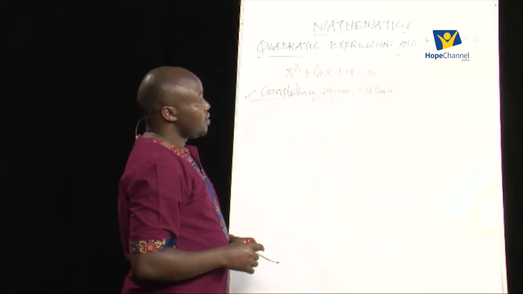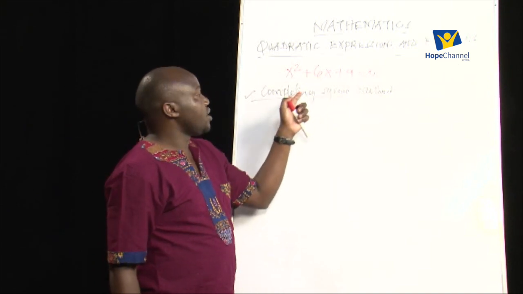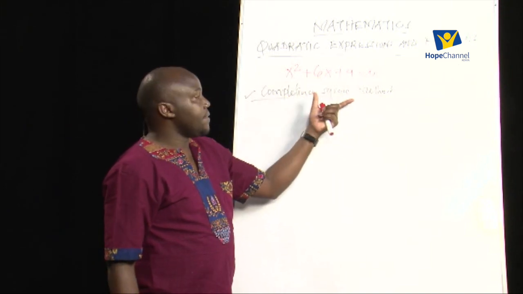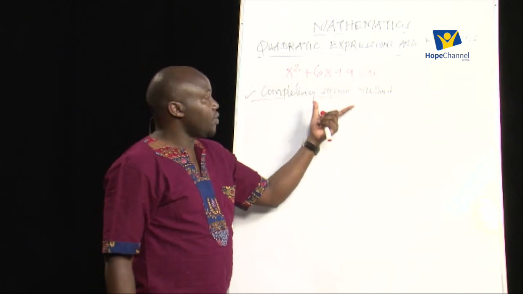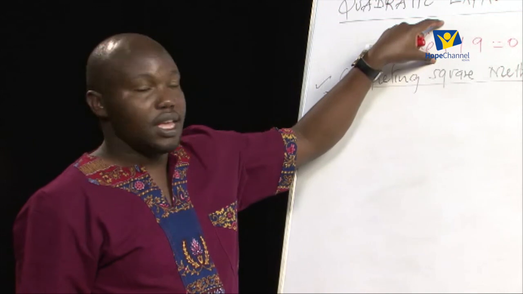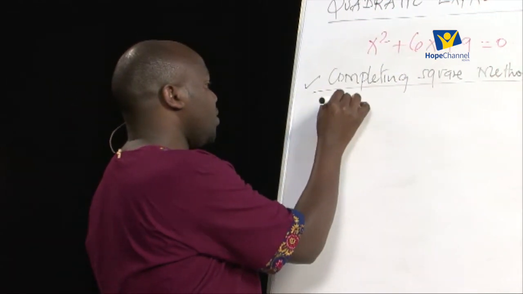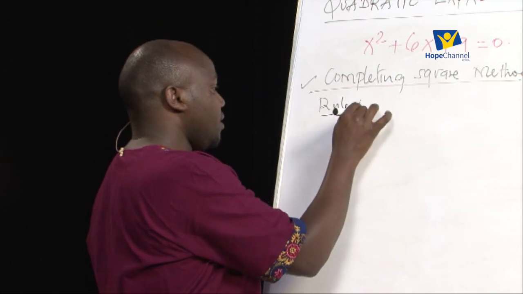Okay. Now for you to solve a certain quadratic expression using the completing square method, there are several rules that must be followed one after the other to ensure that you get the right answer for any given equation. Now these rules must be followed to the letter. 1.